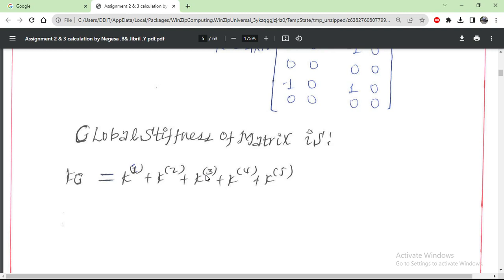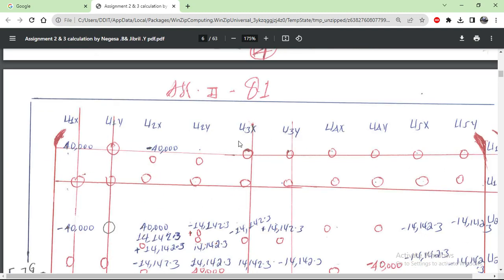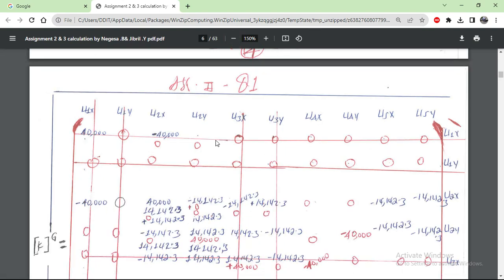Then the results of them are calculated like this. So we take these tables and assemble the 5 stiffnesses. We assemble like here.